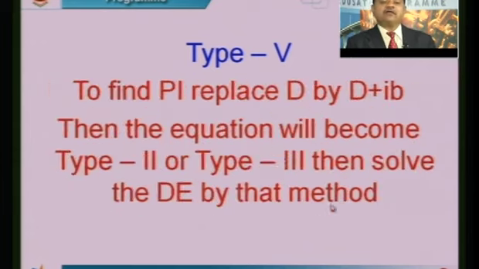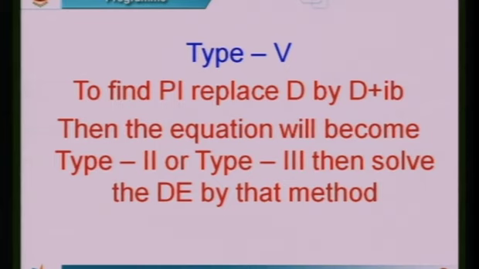Then what we are doing in type 4, to find the particular integral, replace D by first D plus ib. Then the equation will become either type 2 or type 3, particularly it will become only type 3, then solve the differential equation by that method. These are the major 5 types of differential equations in module 1.